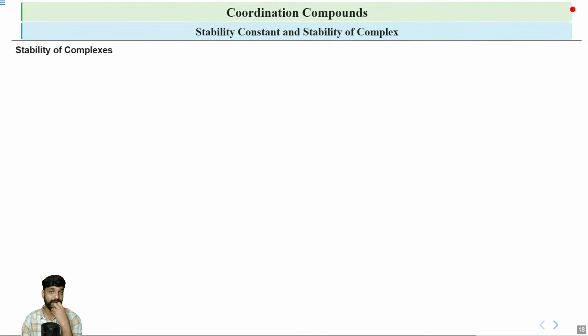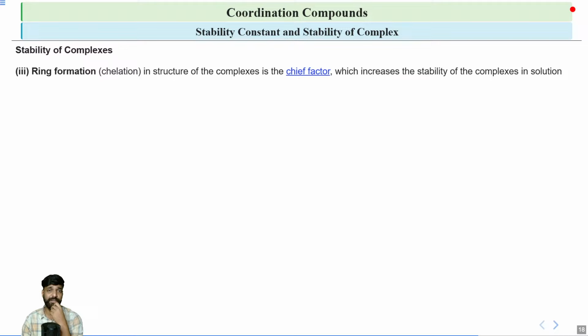Now, moving on further in the stability of the complex, next is chelation. We have been taught about chelate compounds, where your polydentate or bidentate ligands form a ring along with the metal. For example, in complex formation with the oxalato ion, we see the formation of a ring.